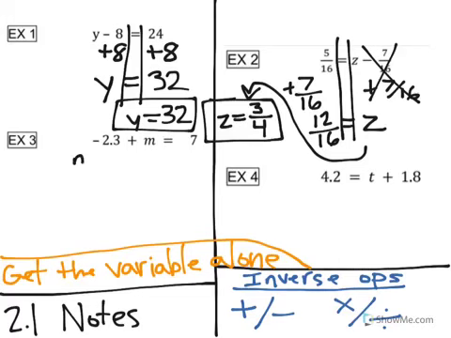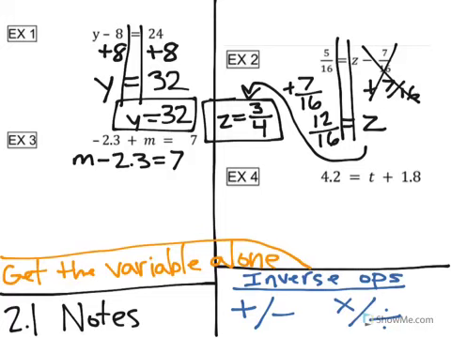This is the same thing as m minus 2.3 equals 7. So I can move these around if I'm not sure exactly what's happening in this. So now it's a little bit more clear. If you ever see a negative and then you're adding something, I would recommend just writing it like this, because negative 2.3 plus m is the same as m minus 2.3.